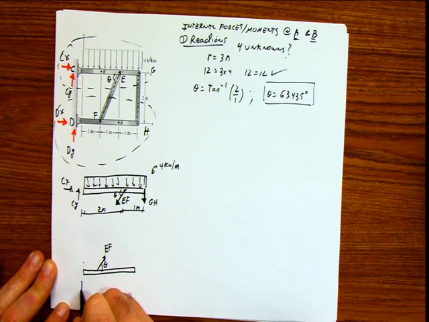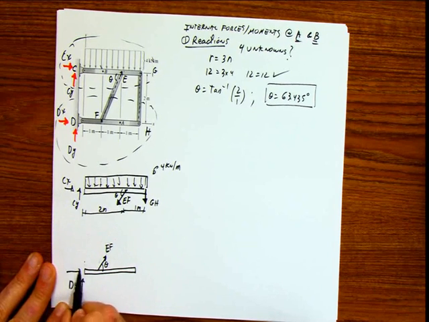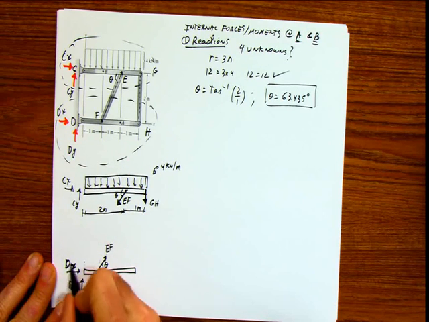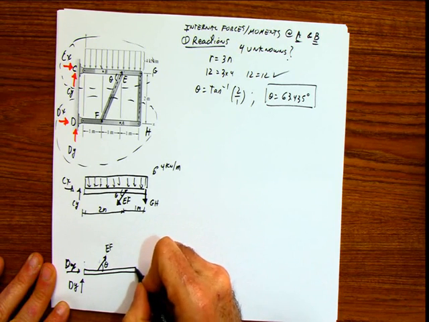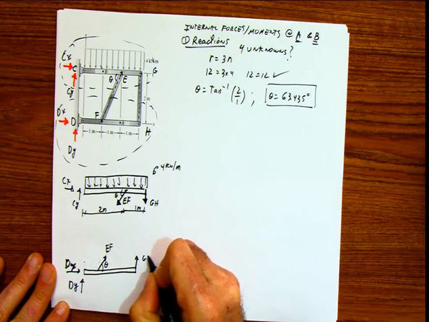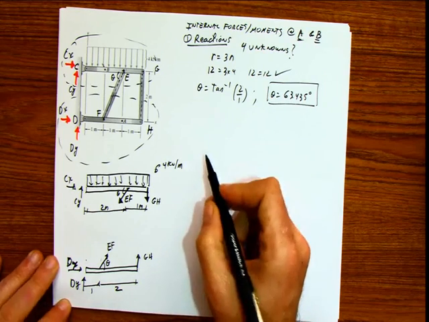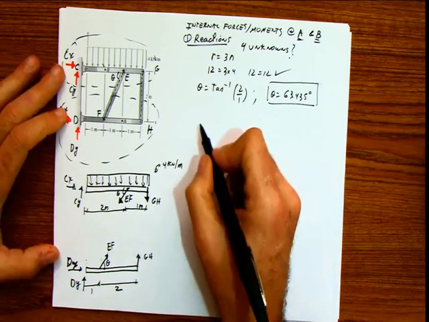And then I'm going to have dy, and here is cy, dx, and here is dx. What else do we have? This force, and then I have gh at the other end. Now this distance is 1, this distance is 2. And now we start working with our systems of equations.